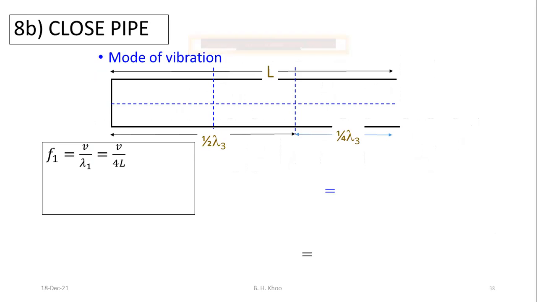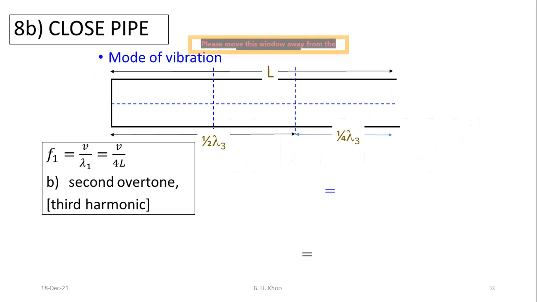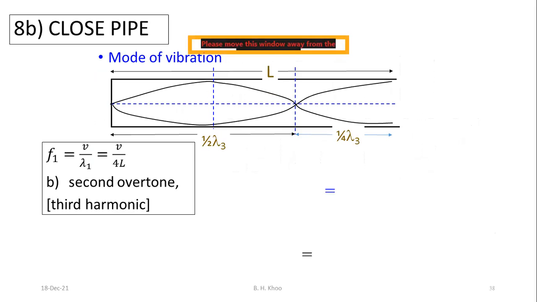We have got our F1. Second overtone, our third harmonic. That's how we can draw that. This is half lambda. You can focus on the top one and the bottom one here. This is from 0 to a maximum, so it's a quarter lambda 3.